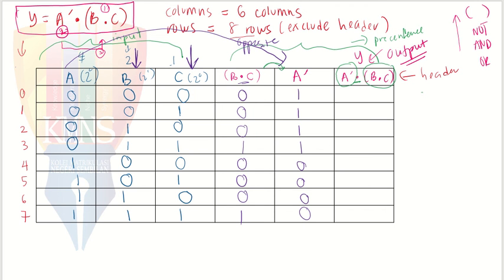So 0 AND 1 gives 0, 0 AND 1 gives 0, 0 AND 1 gives 0, 1 AND 1 gives 1, then 0 AND 0 gives 0, and so on, all 0. Once you complete the final output, which is y, or a prime dot bracket b dot c close bracket, this will be your complete truth table.